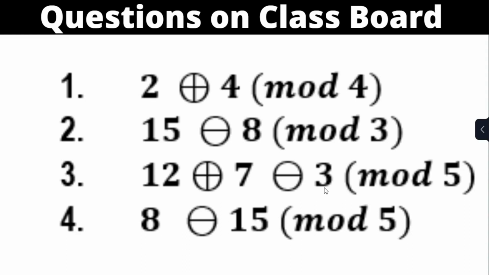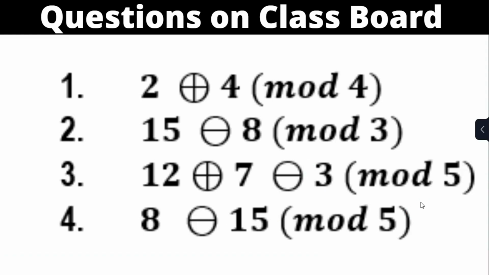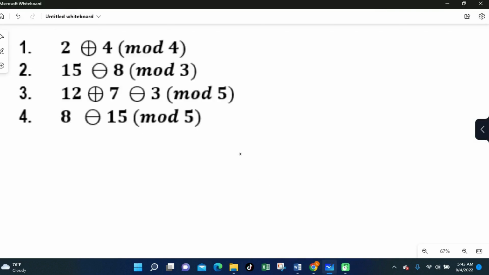We are going to see how we will get an answer to these various questions on our board. Now, join me as we go straight to the board. So right here, we are going to see answers to questions on these topics.